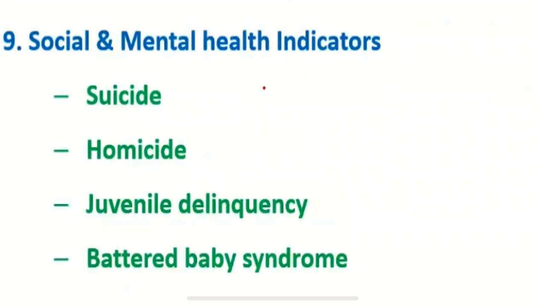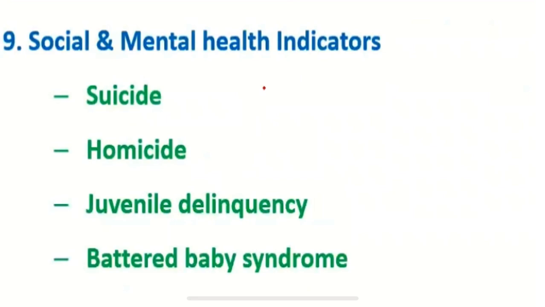Next, moving on to the social and mental health indicators. It includes suicides, homicides, juvenile delinquencies, battered baby syndrome. The in-depth of juvenile delinquencies and battered baby syndrome will be dealt with in the next videos. For now, remember that social and mental health also have particular indicators.